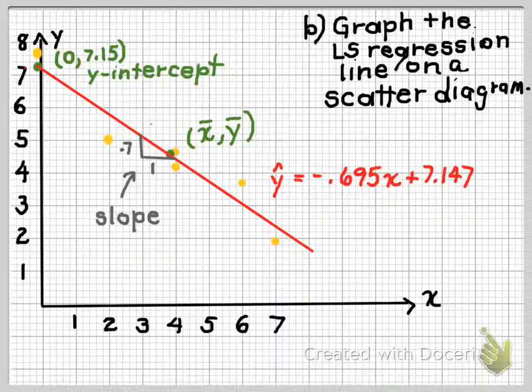And then I move to the right one, the ones in our denominator, rise over run. So the run is +1 because under every number is a 1 in the denominator. So as you can see, when I do that, I land again on the line. So that shows that that is indeed the slope of the least squares regression line.